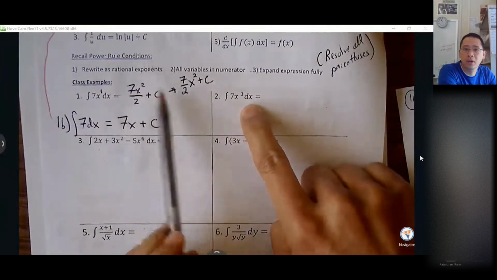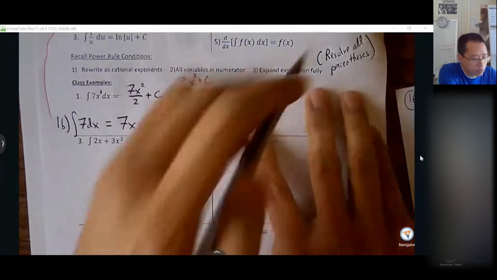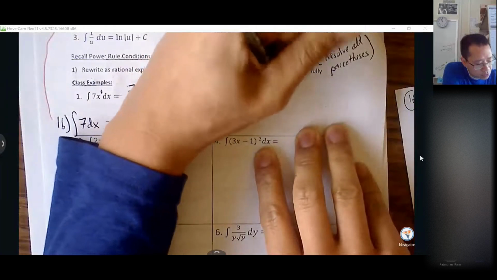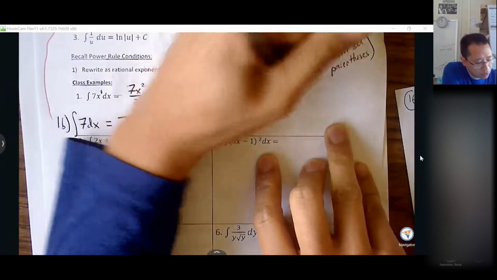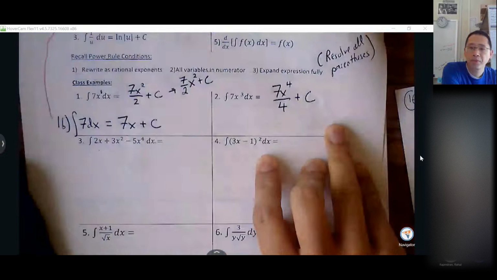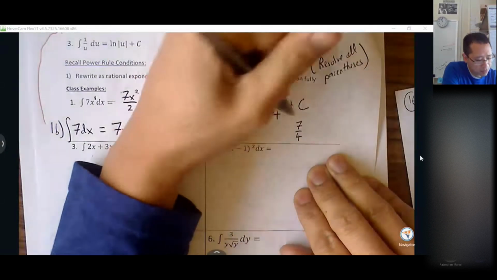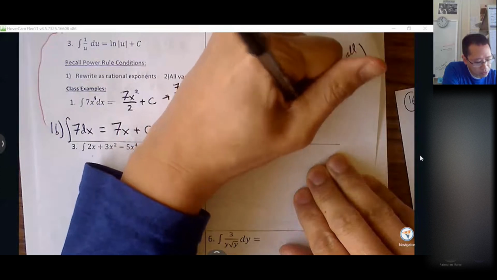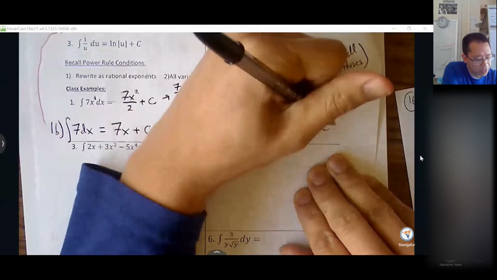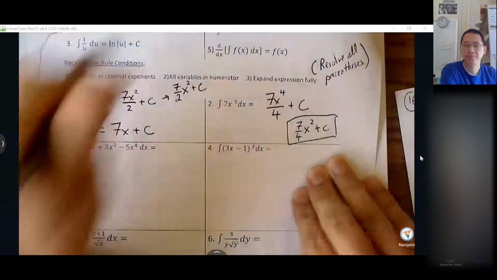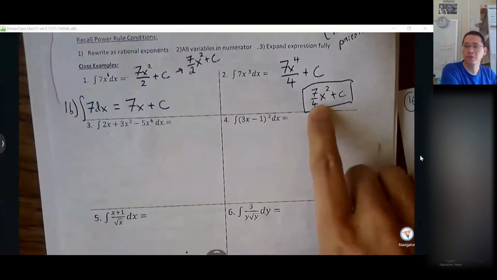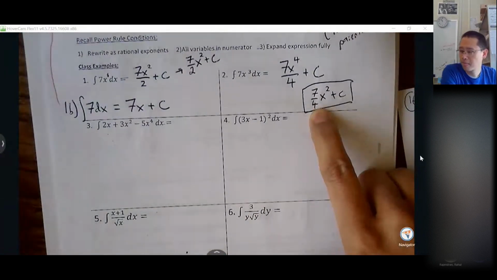We can go through the power rule. 3 is showing, we add 1 to the exponent, we get 7x to the 4th over 4 plus c. We can push that 4 out as 7/4. Either way is fine, it's just that I like to encourage students to push coefficients out in front.